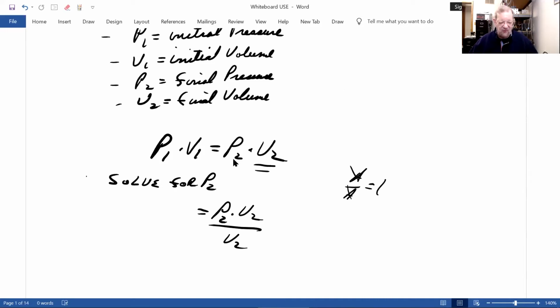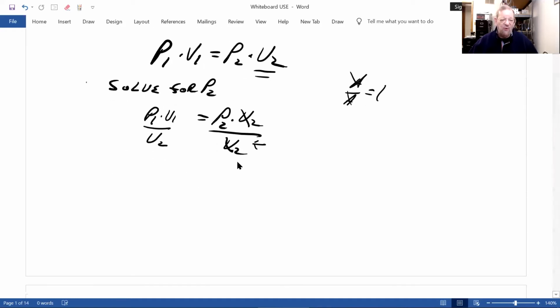Whatever you do to one side, you have to do to the other side. And now V2 divided by V2 cancel out, become the number 1. 1 times P2 equals P2. And now we have P1 times V1 divided by V2 equals P2.